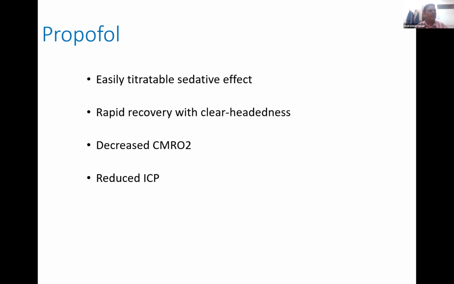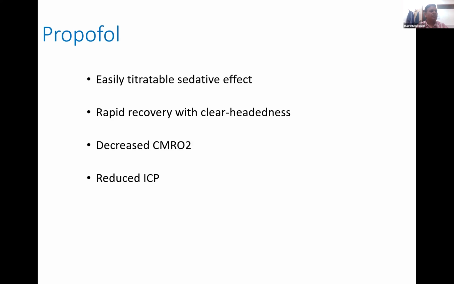So propofol is another drug which is popular in awake craniotomy due to its easy titratability. It has rapid recovery. It reduces intracranial pressure. It has antiemetic properties, but its use is decreasing after availability of dexmedetomidine due to higher chances of respiratory depression, loss of airway, loss of responsiveness, and more chances of hypotension.